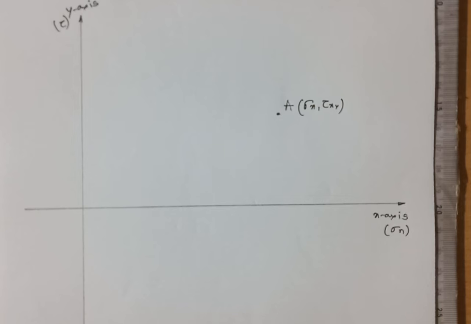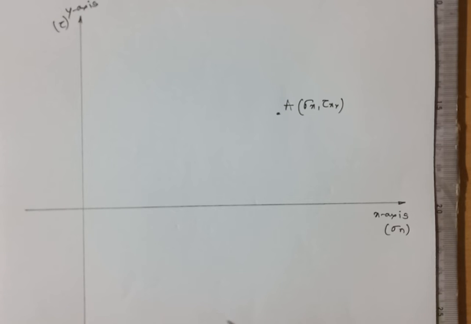So here I will assume that sigma x is greater than sigma y, because in the biaxial state of stress, whatever I have considered, it is not mentioned whether sigma x is greater or sigma y is greater, right? So I'll assume that sigma x is greater than sigma y.